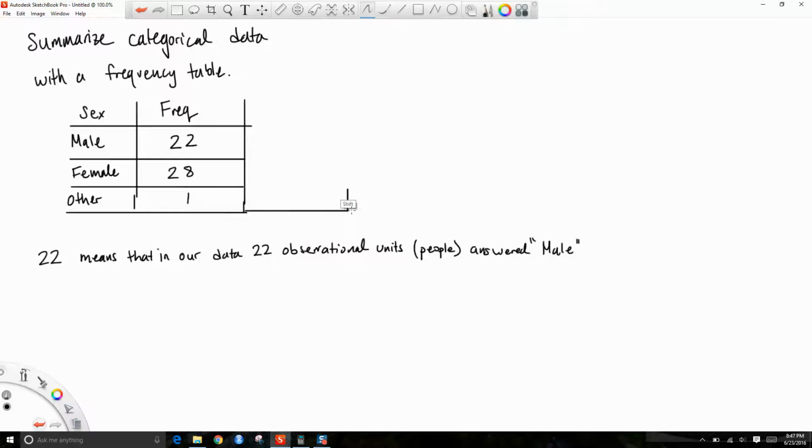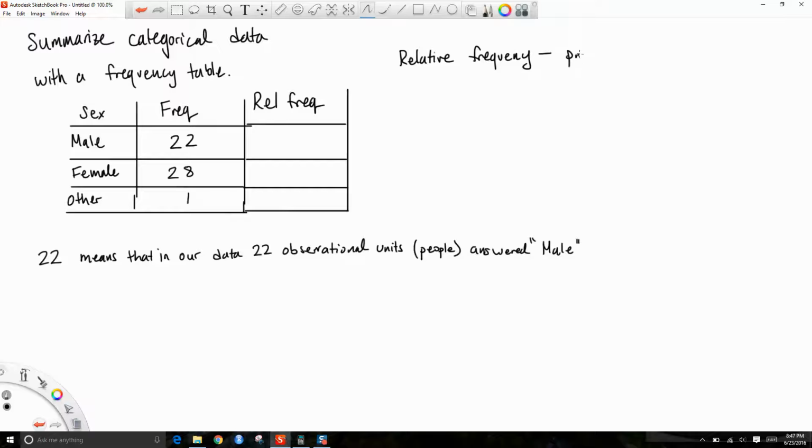We can also have what we call a relative frequency, which would just be the proportion. So we would add up 22 plus 28 plus 1, and we get a total of 51 people. And so the relative frequency would be 22 divided by 51.